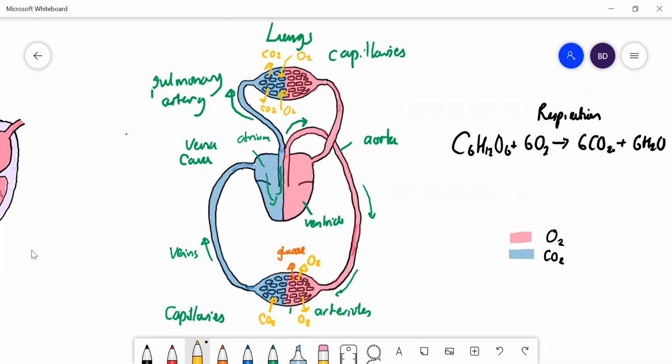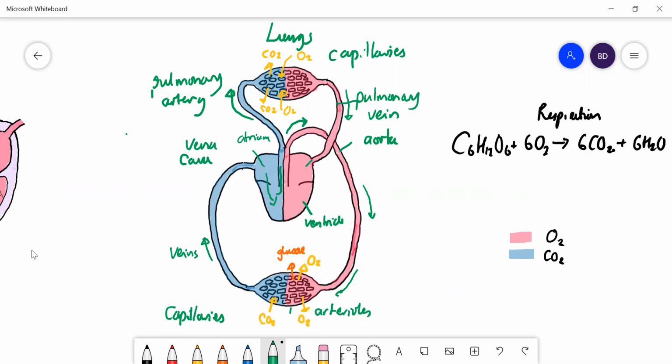This blood is then returned by this blood vessel, which is called the pulmonary vein, and that will go back into the left-hand side of the heart, and then it can begin its journey back round through the aorta to the other tissues, and that's completed the cycle.